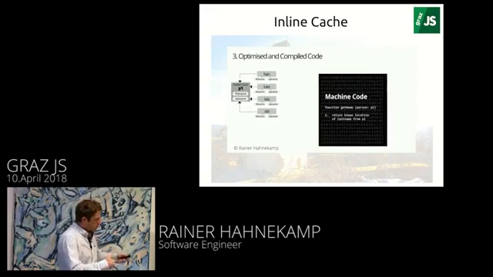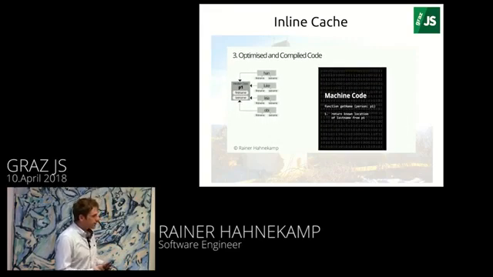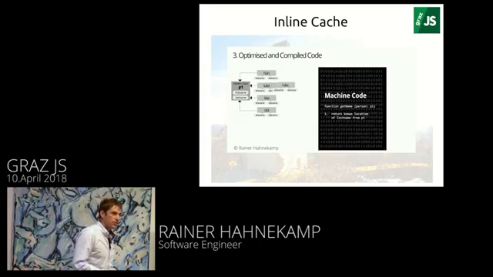The compiler generates machine code, and the optimization now is that the compiler says, okay, I know that all the time I'm getting a P1. I know how P1 is constructed, so I can already know where the memory location of this last name is. And I know that all the time the last name property is required in my case. And therefore, instead of looking up or searching for this property, I just return the value that is on this particular memory address. And this is extremely fast.